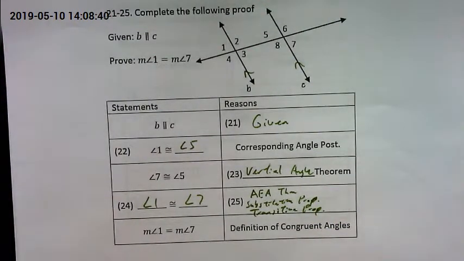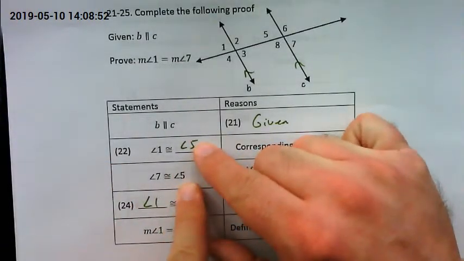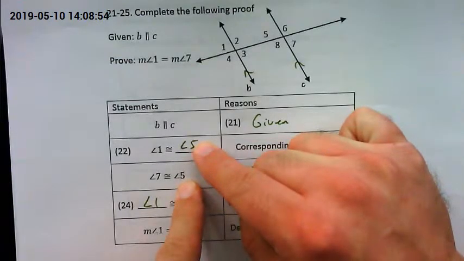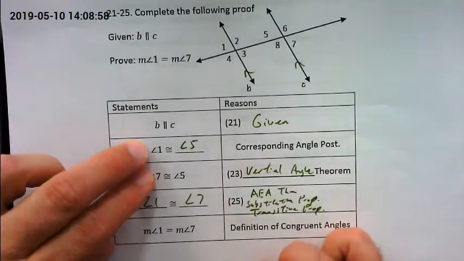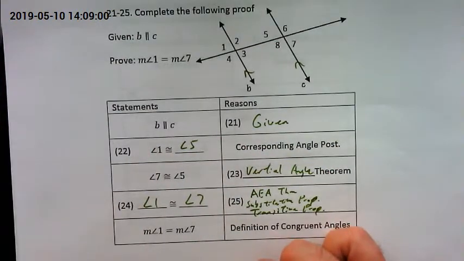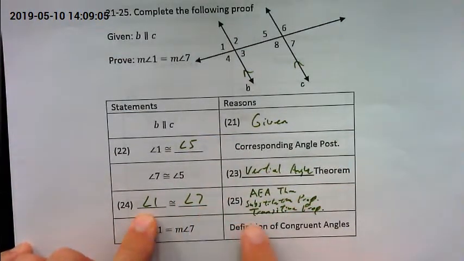Okay, so let me explain it first. On here, both of these were equal to 5, right, or congruent to 5. Yes? So, since they're both congruent to 5, then they must be congruent to each other. That's transitive property. If you have 2 pieces congruent to the same piece, then they're congruent to each other. That's transitive property of congruency.